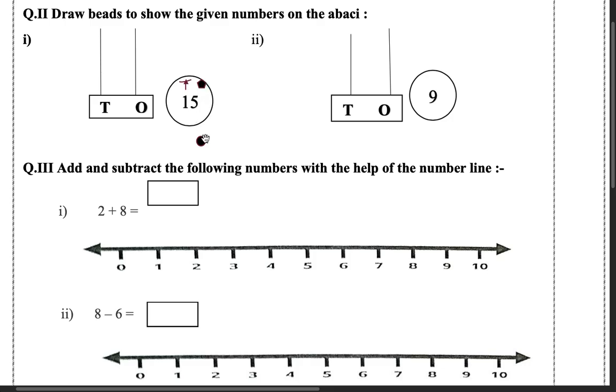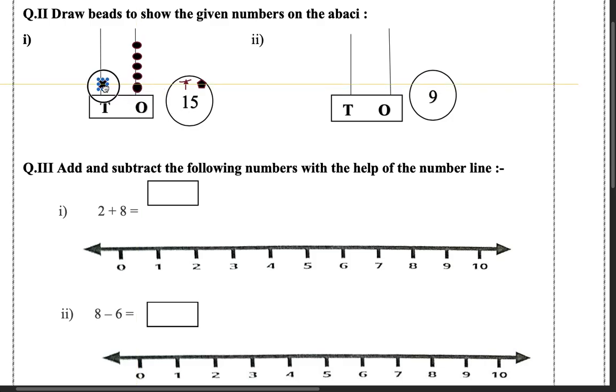Ones के नीचे कितने आएंगे? 5. तो यहाँ पे हमें 5 बीड्स लगाने हैं. 1, 2, 3, 4 and 5. एंड टेंस के अंदर हमें चाहिए ओनली 1 बीड.